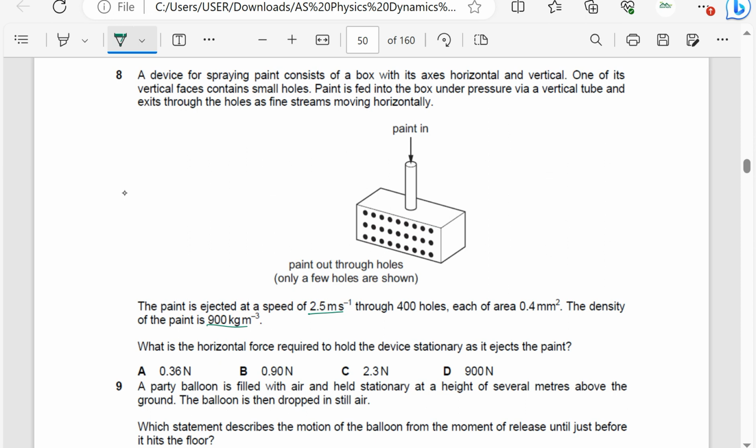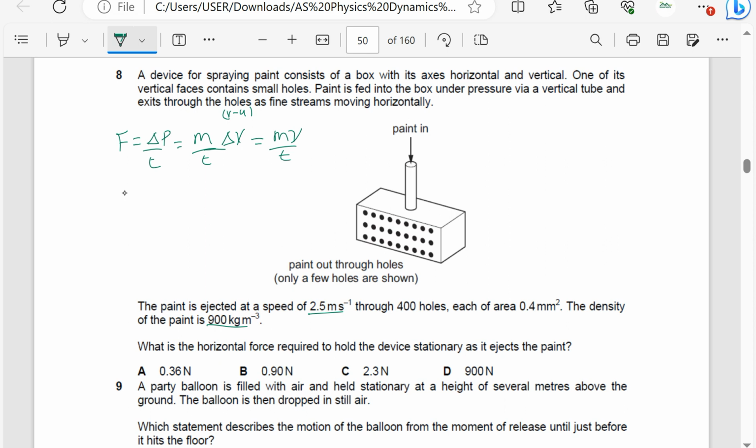So remember, we know that force is the rate of change of momentum, and this is going to be mass over time times difference in velocity, or mass times change in velocity over t. Or just simply, since they start from rest, I'll say m times v. Of course, our change in velocity is v minus u, but this is v minus 0, so it is just mv over time t.